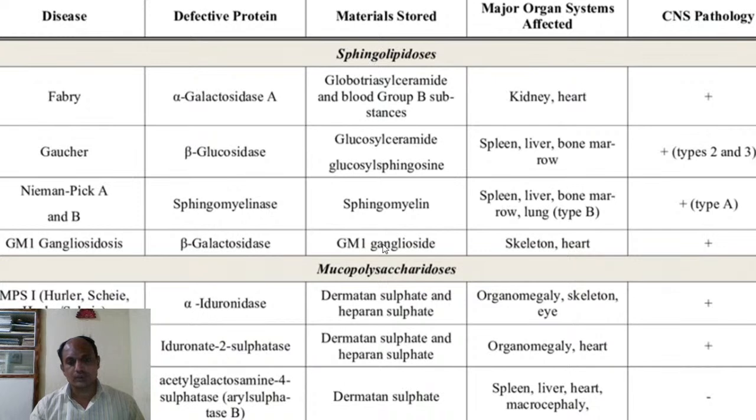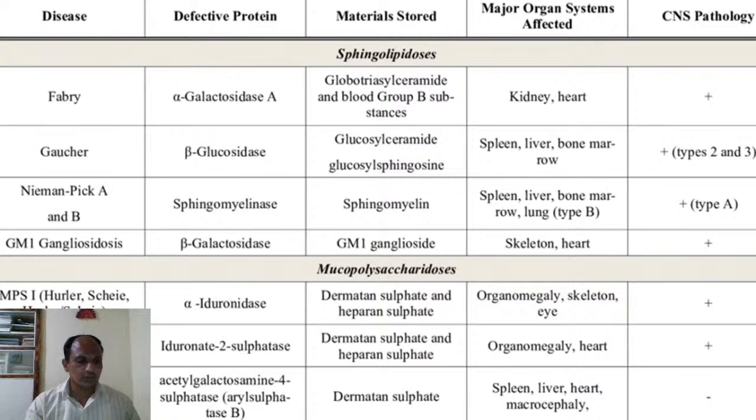and the materials which get accumulated inside the cell, in lysosomes, include GM1 ganglioside, and the organ systems affected here include the skeleton and heart, and it also causes damage to the central nervous system. So this is about the sphingolipids, and later on there are some mucopolysaccharides also, the metabolism of which gets affected due to the deficiency of these different enzymes.